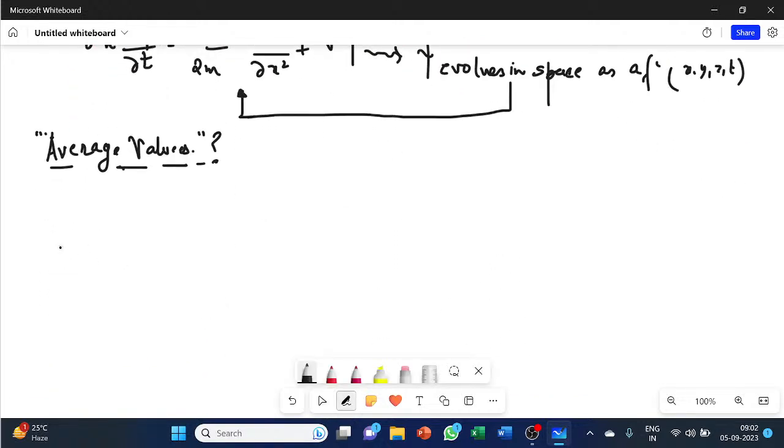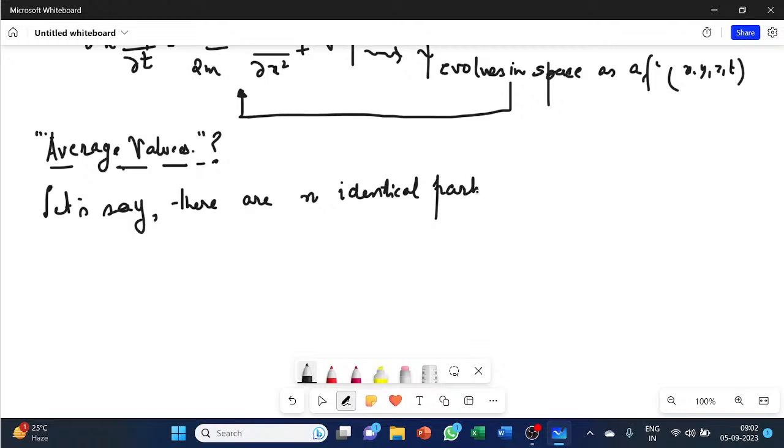So in general, remember. Let's say there are n identical particles, and they are prepared in the same quantum mechanical state.